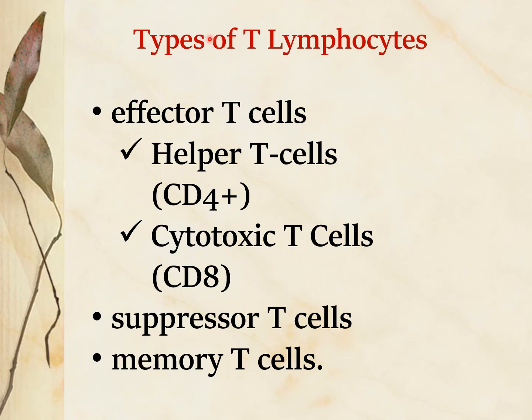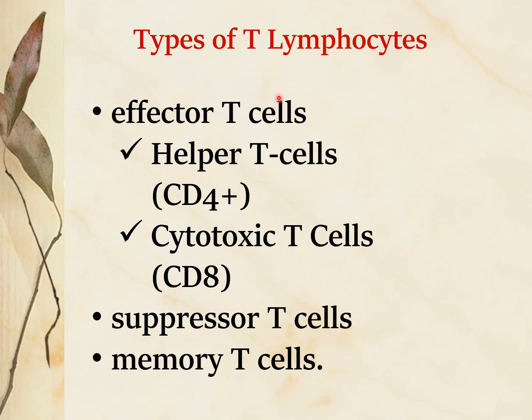Some T cells remain in the lymph nodes and retain a memory for the antigen. Other T cells migrate from the lymph nodes into the general circulatory system and ultimately to the tissues, where they remain until they either come in contact with their respective antigens or they die.